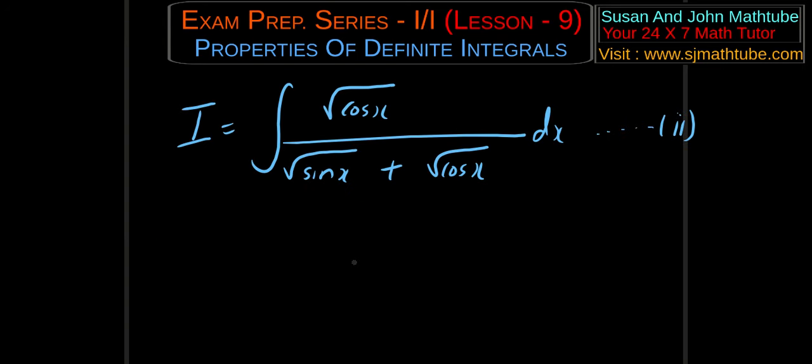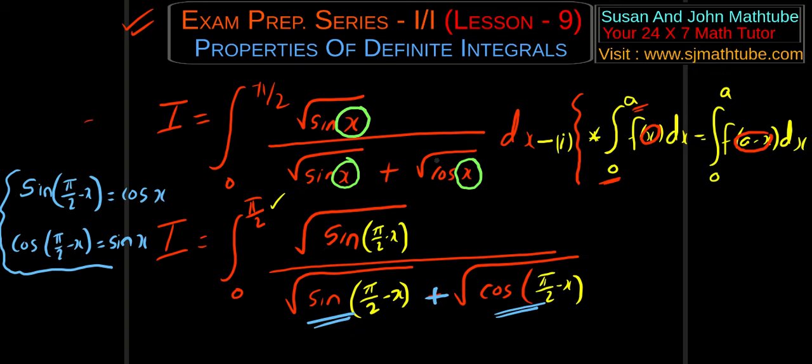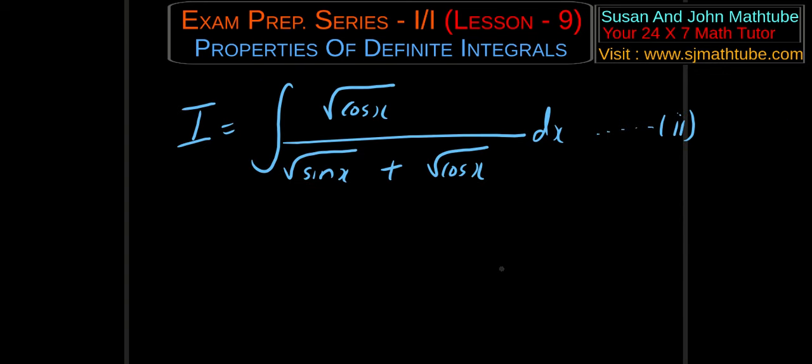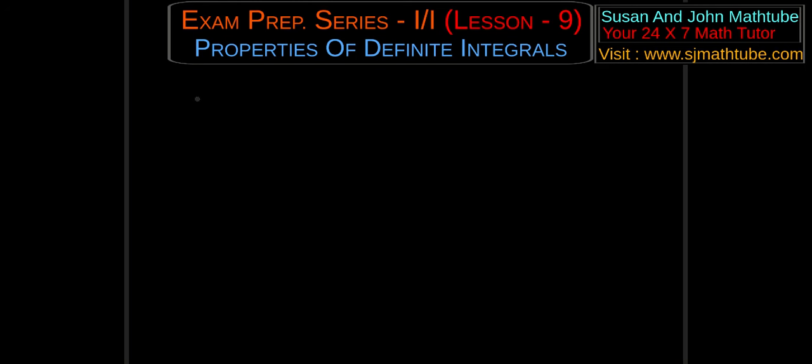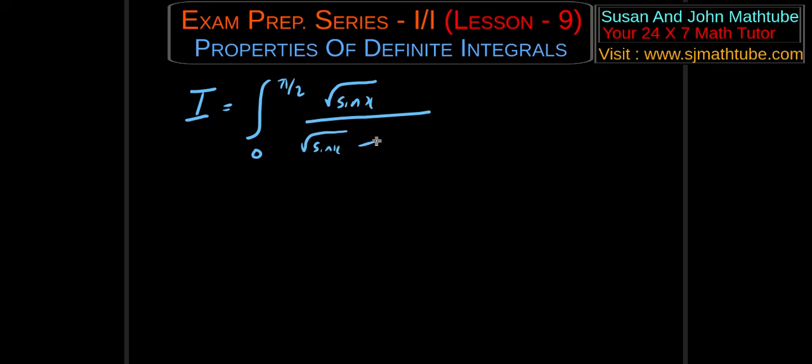Okay, now I want you to focus on equation 1 and equation 2. And to make you understand properly, I'll write equation 1 and 2 together. Equation 1 tells you I is equal to root sin x by root sin x plus root cos x dx.